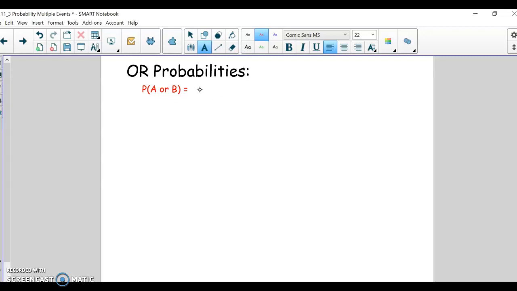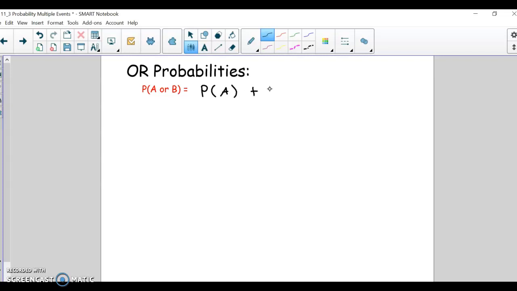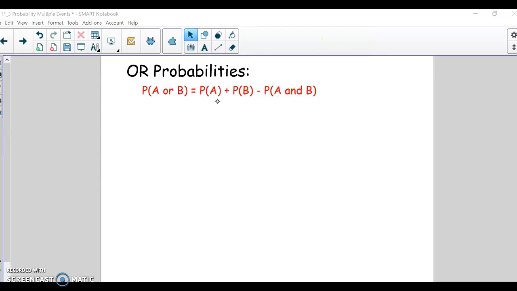So the formula for an "or" is the probability of A plus the probability of B. So you're going to add the 2 individual probabilities, and then you're going to subtract their "and." This part I'm going to refer to a lot as the overlap.